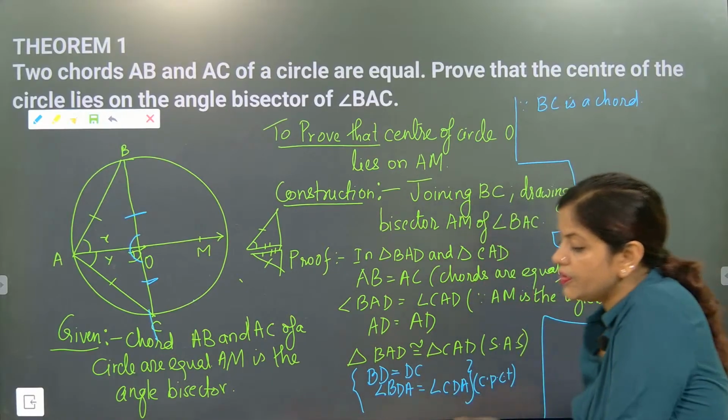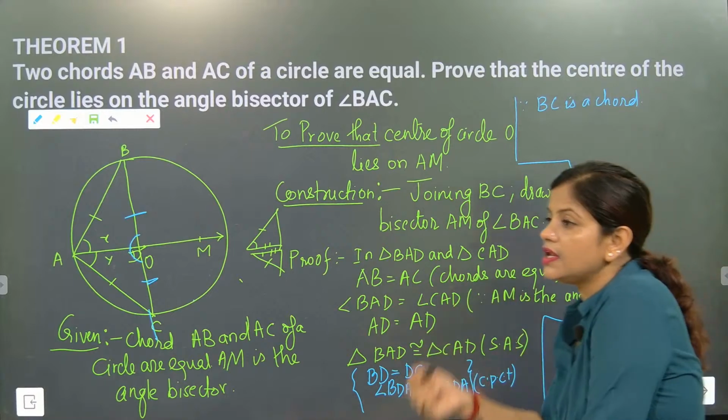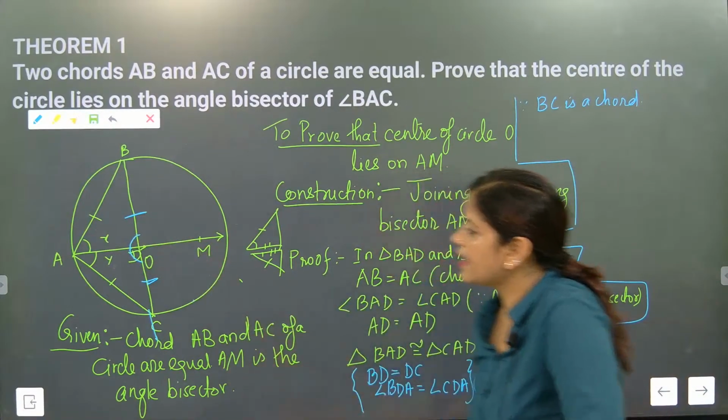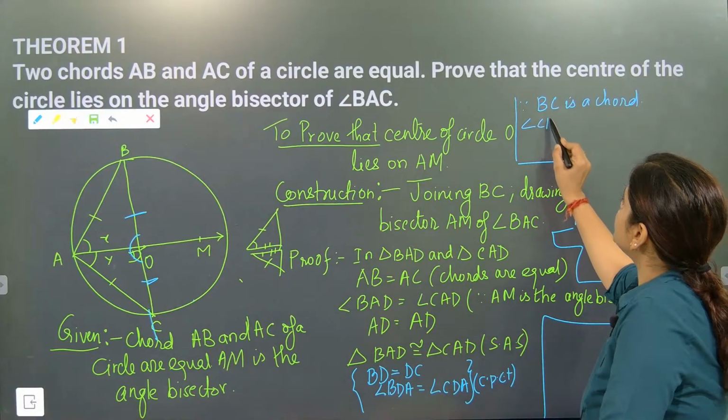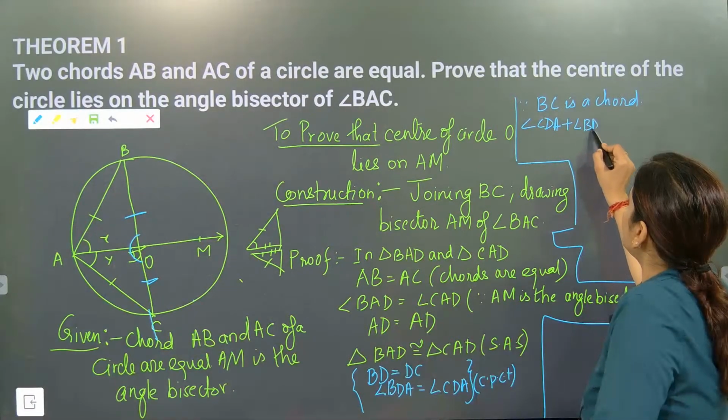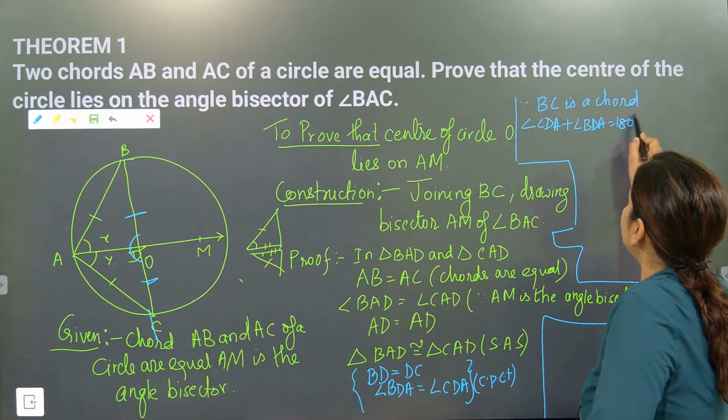Next class tomorrow I'll do it, don't worry. Once BC is a chord or a line, then angle CDA plus angle BDA will be equal to 180 degrees, a linear pair.